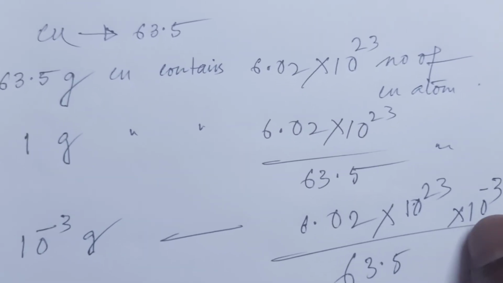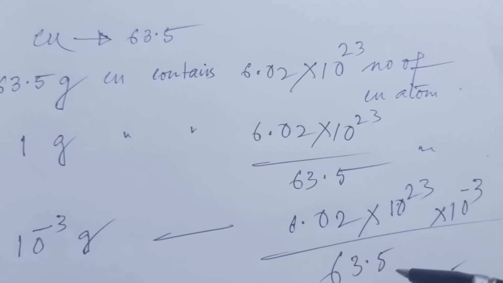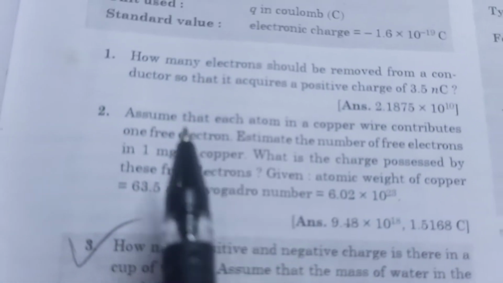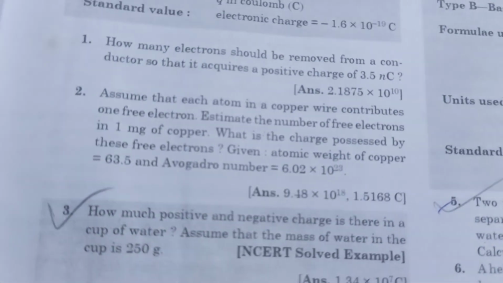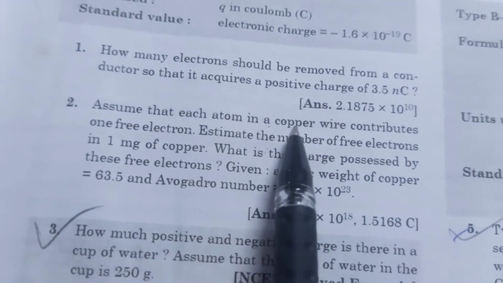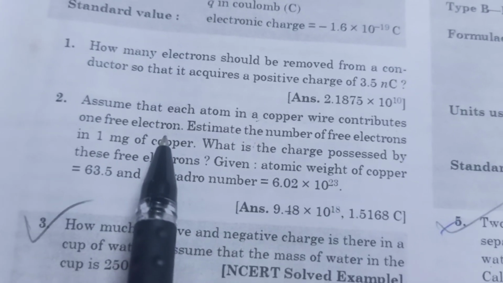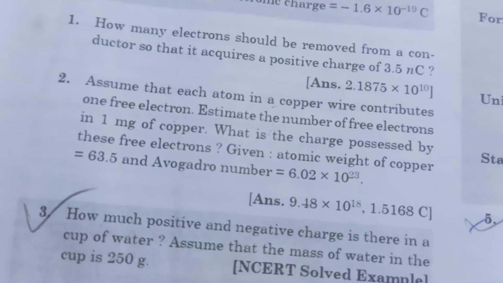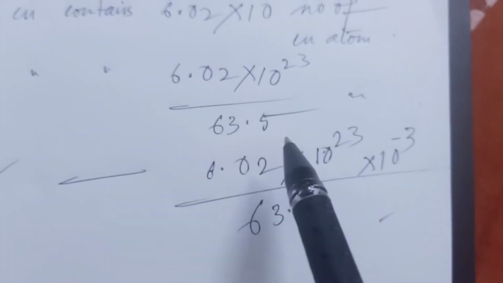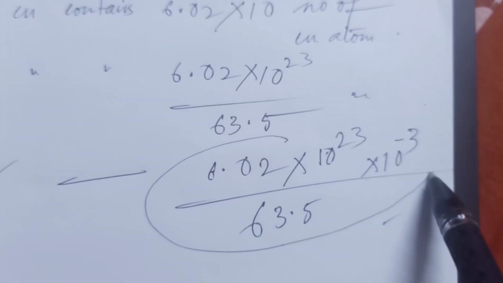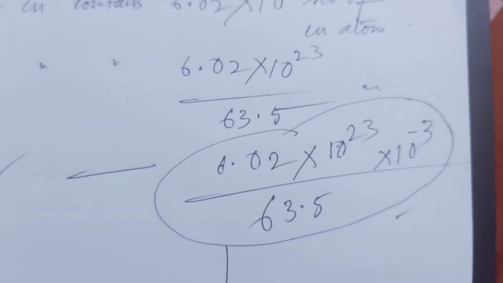So 1 milligram of copper contains this number of atoms, and assume that each atom in a copper wire contributes 1 free electron. So 1 atom means 1 free electron, so the number of free electrons is this amount.